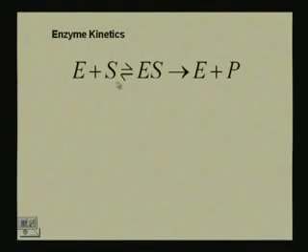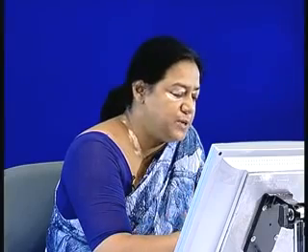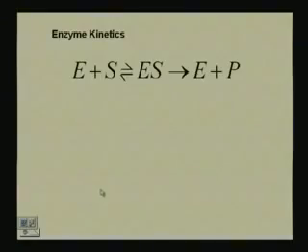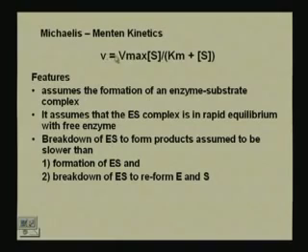So if we look at our enzyme kinetics, we work through the whole set of expressions. Now what do we have from the expressions? We get the Michaelis-Menten kinetics, and this is the expression that we got there, that V is equal to Vmax S divided by Km plus S. What are the features of enzyme kinetics or Michaelis-Menten kinetics, as it is called? It assumes the formation of an enzyme substrate complex.